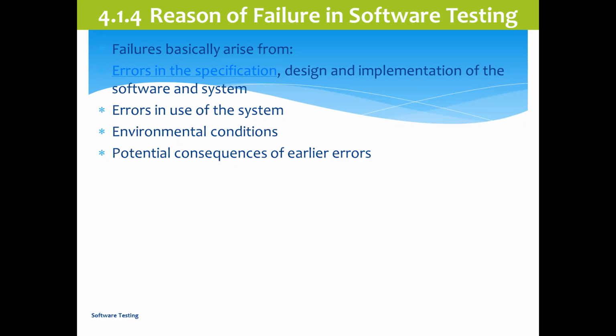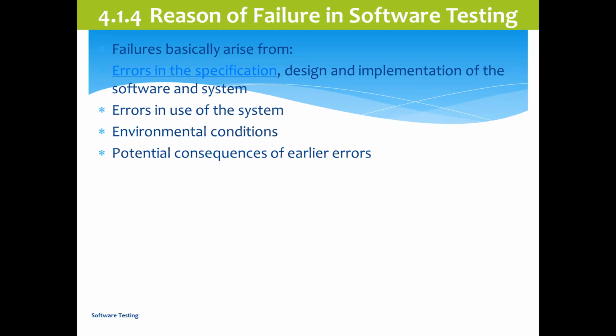Then environmental conditions. Some environmental issue can also happen, like software that needs to work on Windows 2000 but is used on Windows 2010, which is not supported. Those are the right environments with some software, hardware, then some configuration, i5, i7, i3. So some environmental issue can also happen.